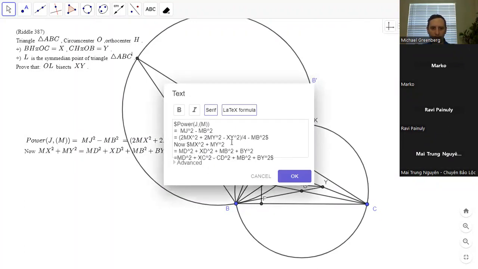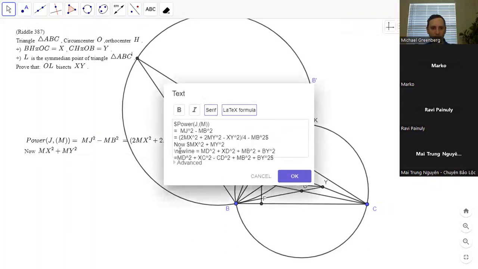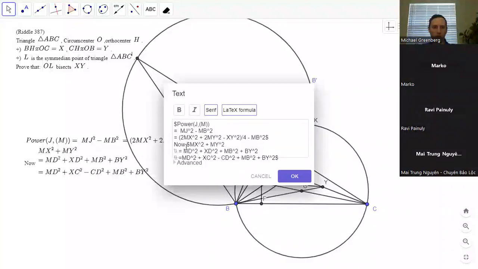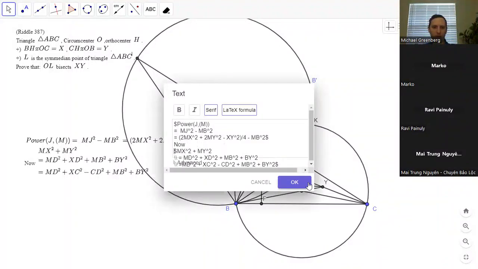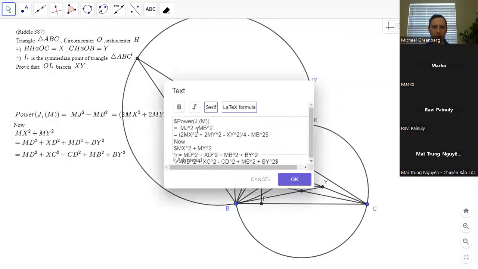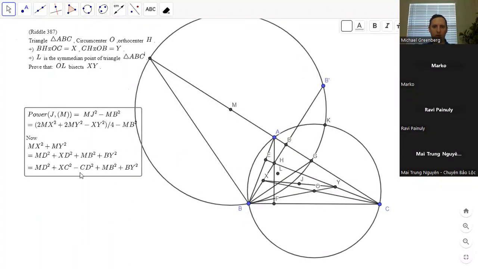How do I make it go to a new line? It didn't work. Let's try this. That kind of works, but all right.